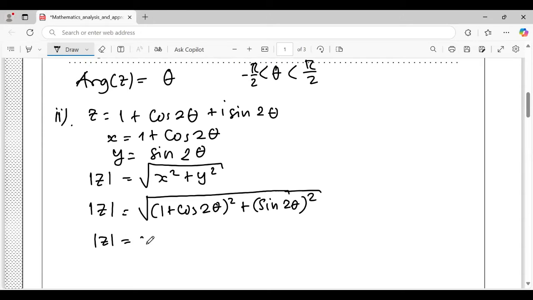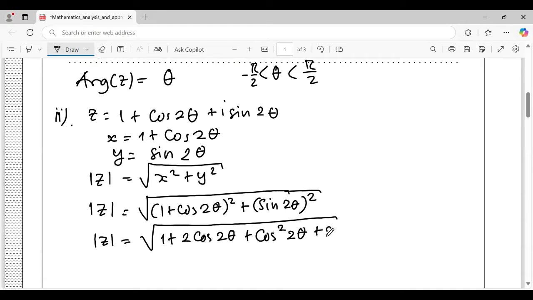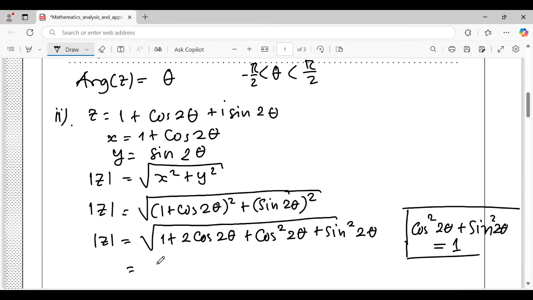So modulus z equals the square root of 1 plus 2 cosine 2 theta plus cosine squared 2 theta plus sine squared 2 theta. According to the trigonometrical identity, cosine squared 2 theta plus sine squared 2 theta is equal to 1.